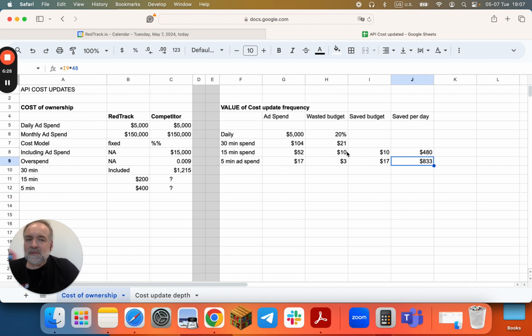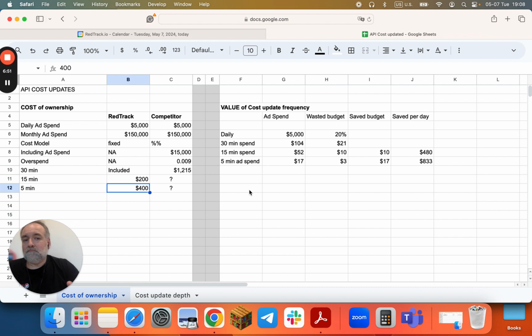Again, this is just the model. These numbers may be way lower, maybe way higher, and what's more important, typically your ad spend per day is higher than 5K. And this gives you the idea of the value that this additional cost update frequency brings to you as a user of RedTrack.